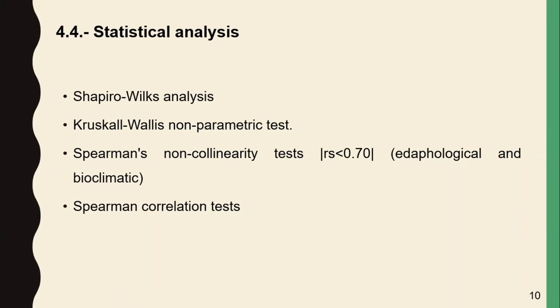We performed statistical analyses: the Shapiro-Wilk test, the Kruskal-Wallis non-parametric test, and Spearman correlation tests, with non-collinearity below 0.70, for the edaphological and bioclimatic variables. The Shapiro-Wilk test showed that the data of the study did not present normality.